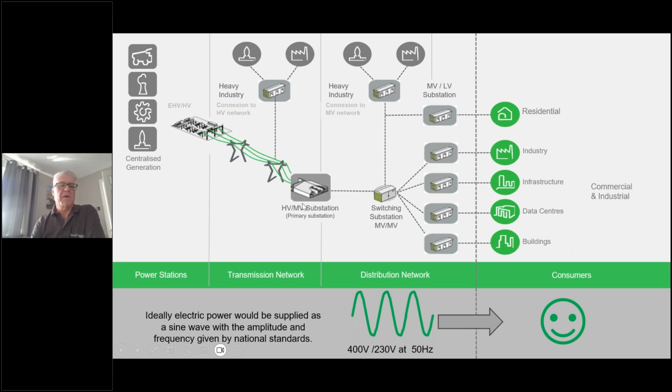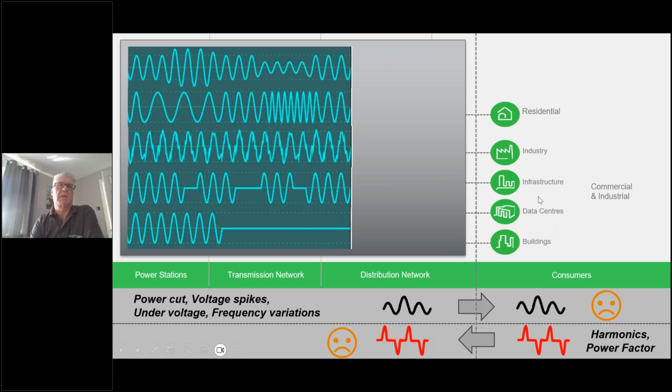Now that power path, there's a lot of kit, a lot of people, a lot of systems connected to that, which can all actually have an impact on the power that's being delivered from the grid right the way through to our endpoint. And ideally, in an ideal world, that distribution network will provide us with a perfect 400 volt for a 3-phase system or 230 volt sine wave at 50 hertz to run all these systems on the right hand side quite happily. But we know that that's not always the case.